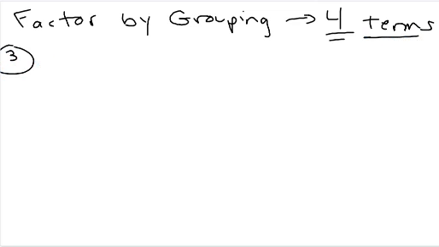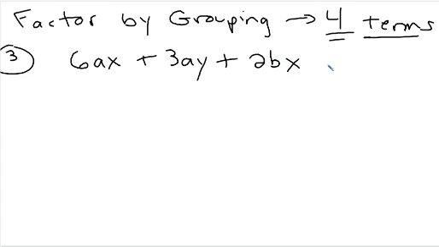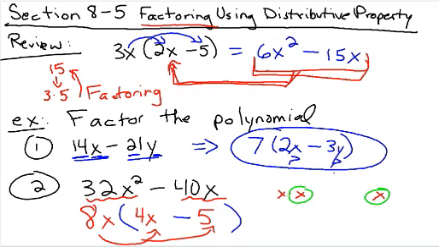So let's say that I have 6ax plus 3ay plus 2bx plus by. Notice that I have 1, 2, 3, 4 terms. What we're going to do is split this thing in half and factor each of these halves the way that we just did.